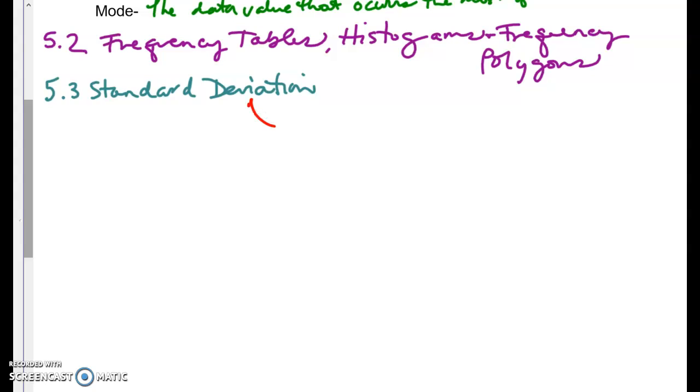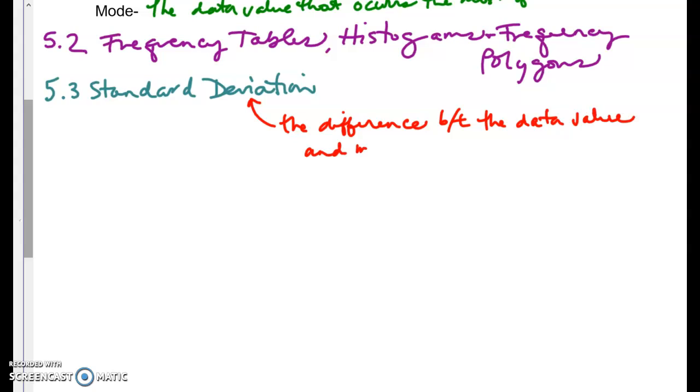And you learned that the word deviation means the difference between the data value, so each piece of data, and the mean or the average of that set of data.